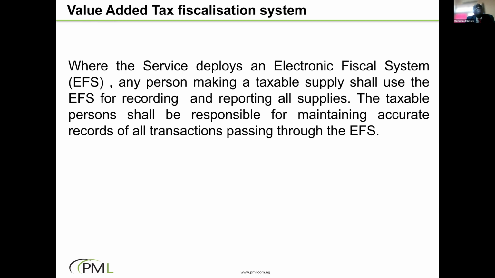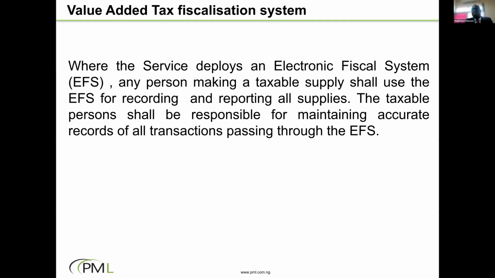So now, the new law introduced the fiscalization system. It started with the large taxpayers. They did a pilot period where you can actually interface your billing system. That is, the organization can interface its billing system with that of the NRS, so that the NRS can have a 360-degree view of transactions that are taxable, or even at the end of the period, know those taxes that have been paid, the ones that have not.